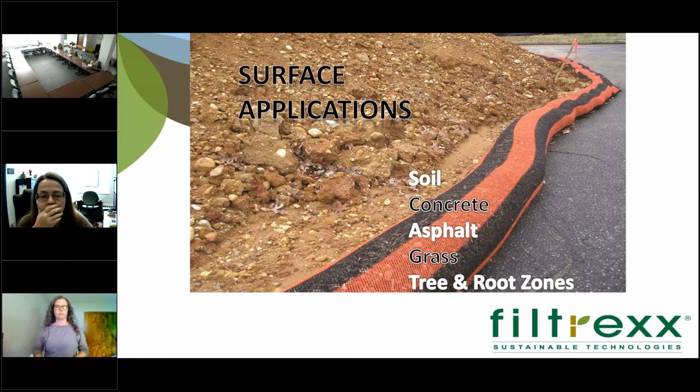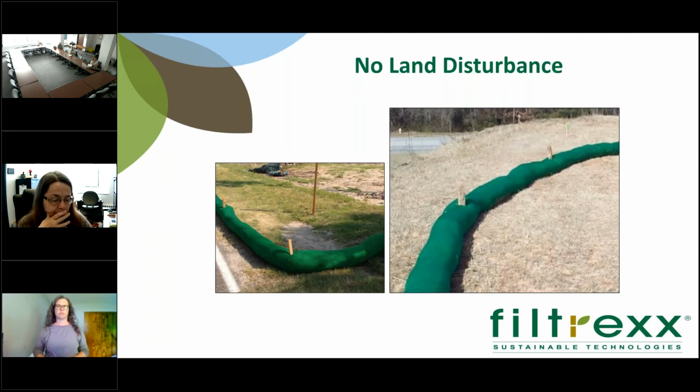At that point, all you'll have is a big wad of the sock to haul off instead of oftentimes a dumpster full of silt fence. So it's very beneficial as far as that goes. Again, no land disturbance. Just put it in place, stake it in, and it's quite simple that way.